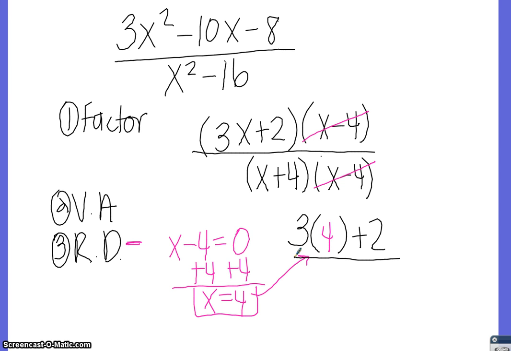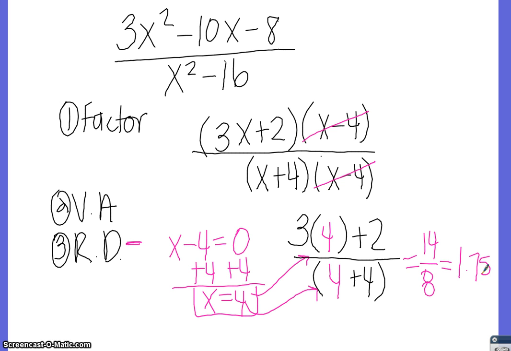And what's left in my denominator is x plus 4. So again, I plug 4 in there as well. When I solve that, I get 3 times 4, which is 12, plus 2 is 14, and 4 plus 4 is 8. So I have 14 over 8, which when I divide in a calculator, I get 1.75. So my RD, the coordinate point, is (4, 1.75). There's my answer for the RD.